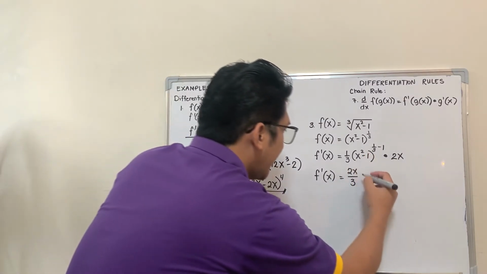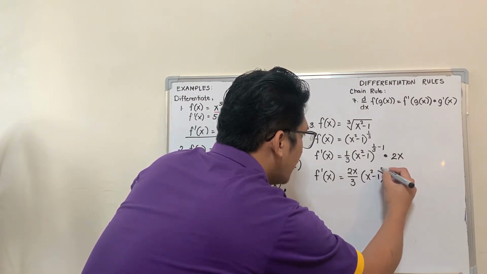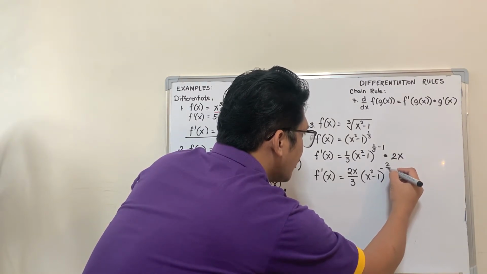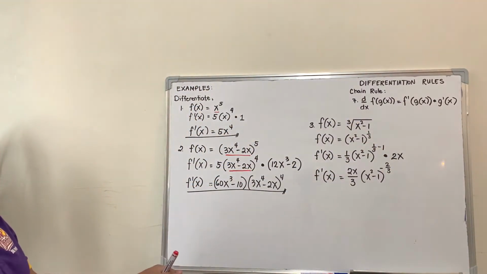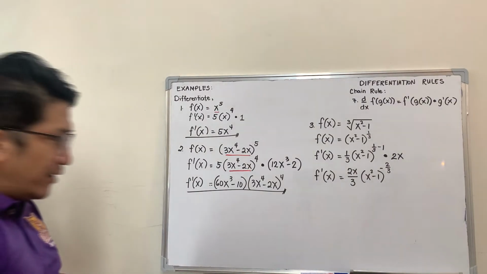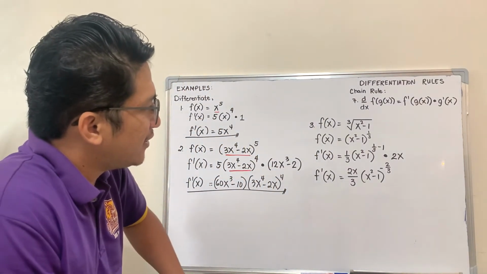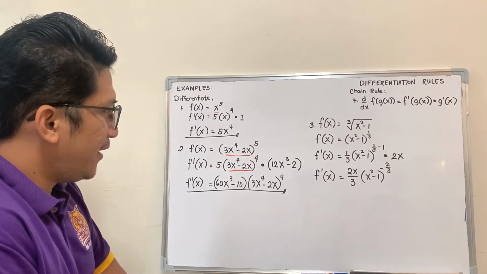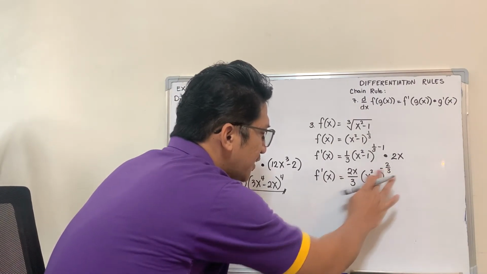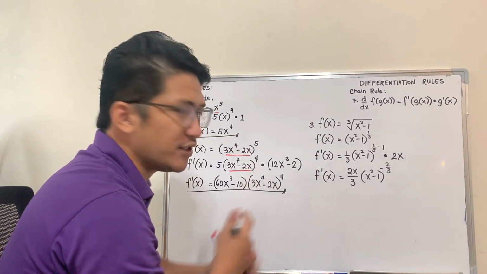Then afterwards, you have x squared minus 1 raised to the power of negative 2/3. So it's negative now. If you ask, what is negative 2/3? Use the calculator. I don't have time to discuss the LCD, so you have to cope with that if it's new to you. Now from here, since the exponent is negative, it is in the numerator, so applying the rules of exponents, we do the reciprocal.